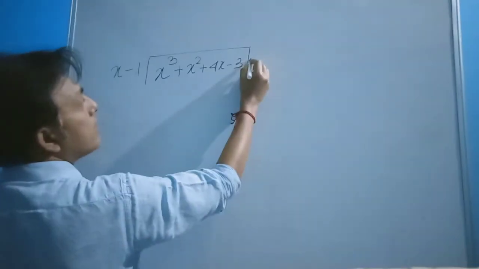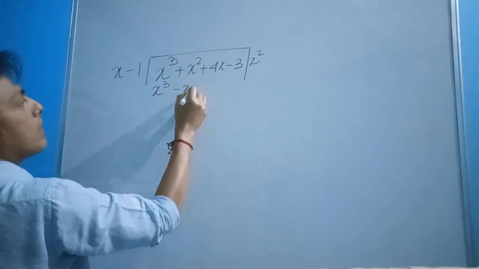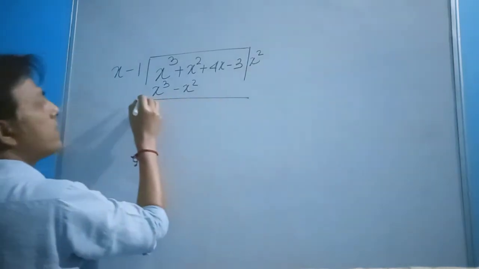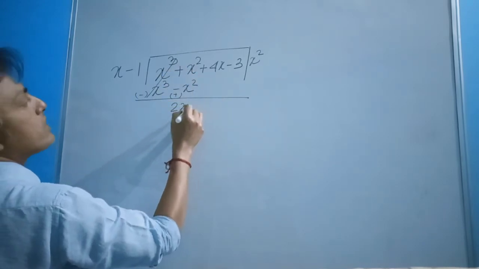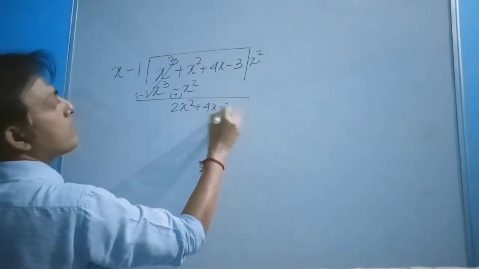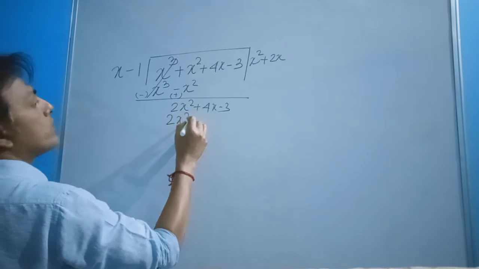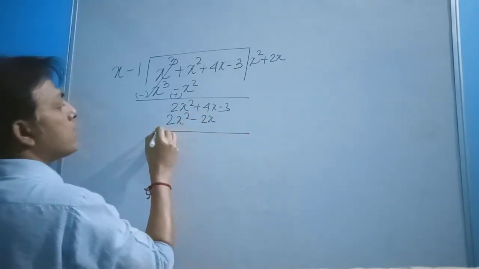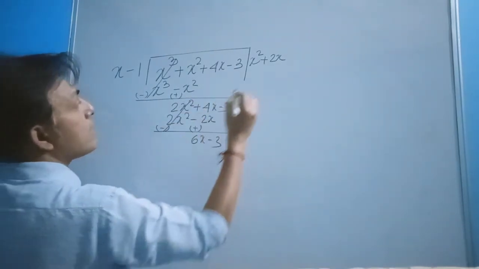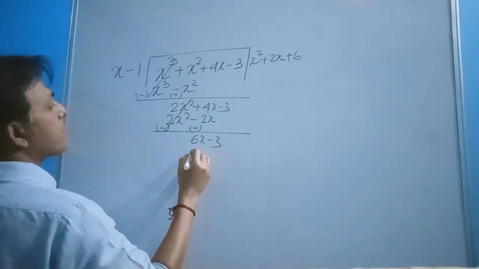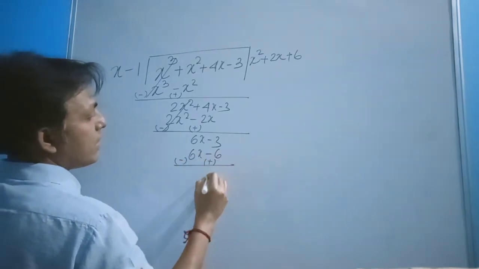So the long division method: x square times, change the sign, it will be 2x square plus 4x minus 3, it will be divided by 2x times 2x square minus 2x, change the sign, 6x minus 3, 6 times 6x minus 6, change the sign, and it is 3.